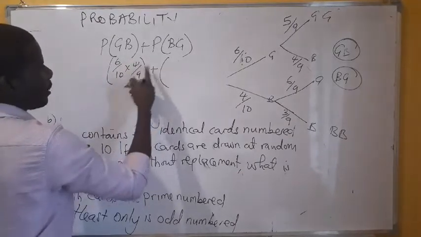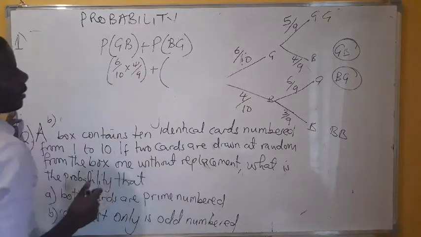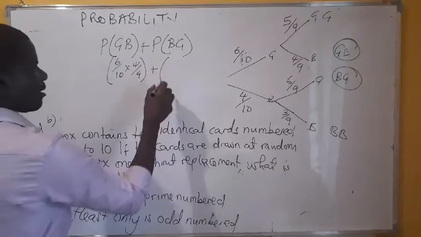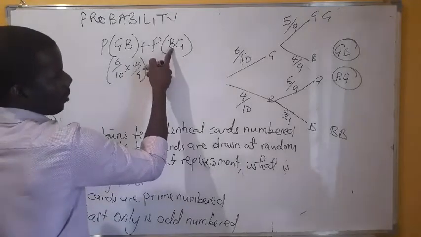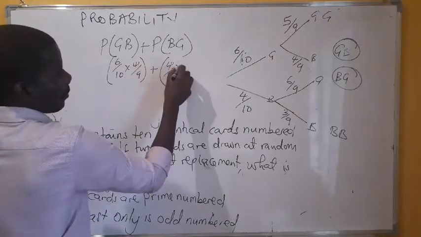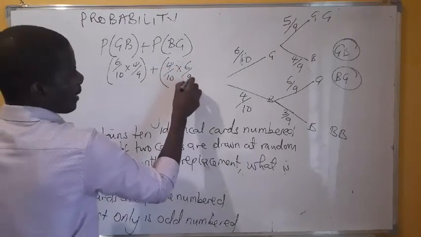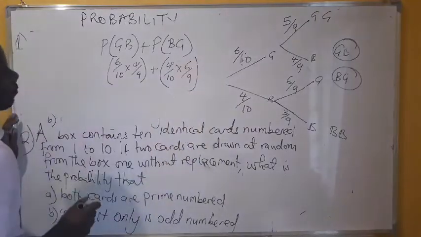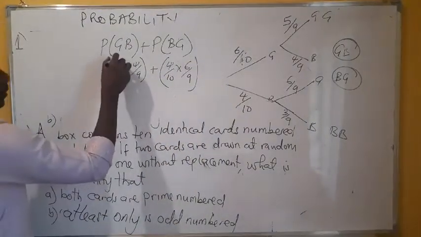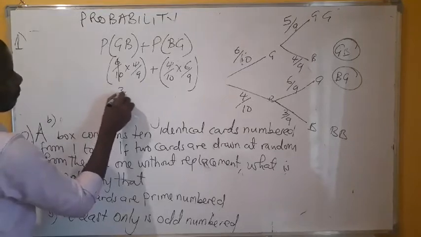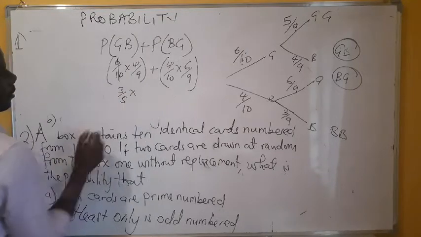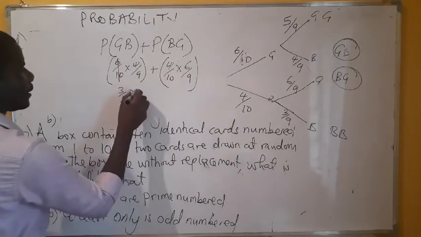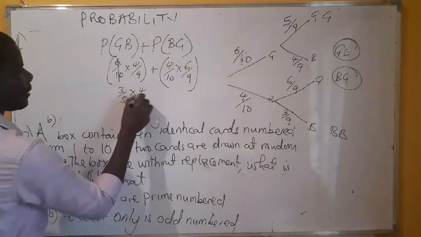Plus, what do we have here? Here we have boy, which is 4 over 10 multiplied by 6 over 9. We can simplify this one as 3 over 5, and this one we can leave as it is.